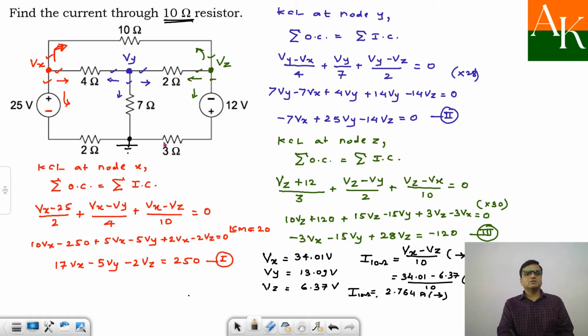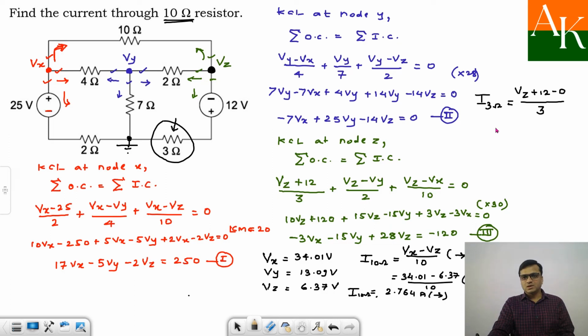If they ask you to calculate, let's say, the current through this 3 ohm resistor, then how to calculate it? So I am writing that over here. The current through the 3 ohm resistor. You can start at node Z and end up at the reference node. So here the current will be (Vz plus 12 minus 0, that is the voltage at the reference node) divided by the resistance in this path, which is 3.